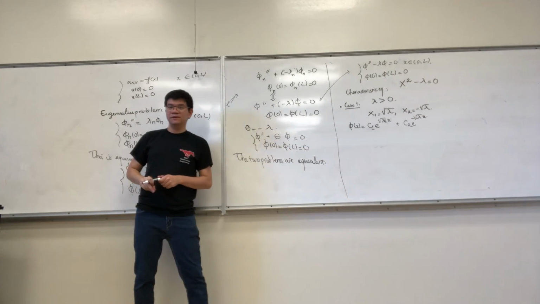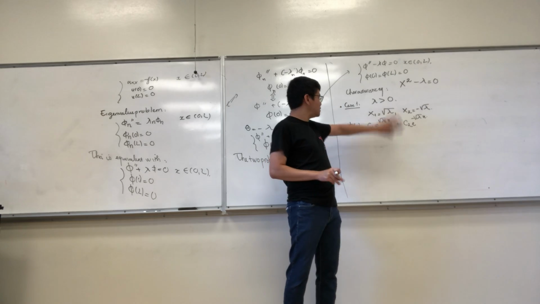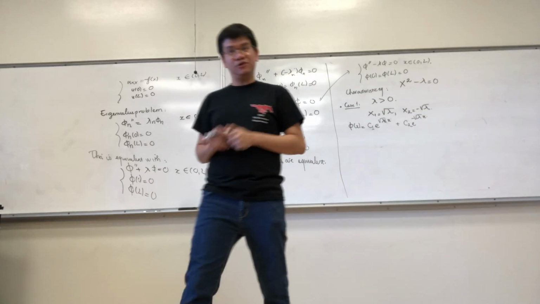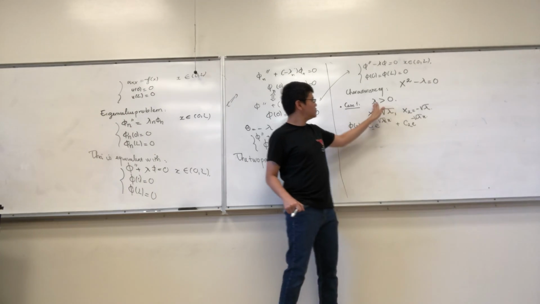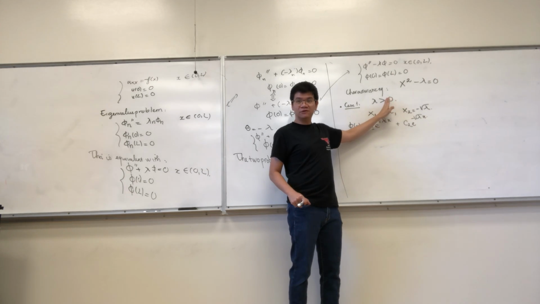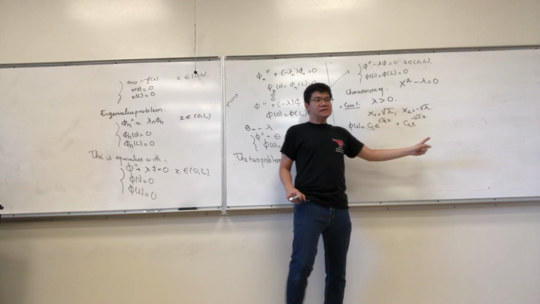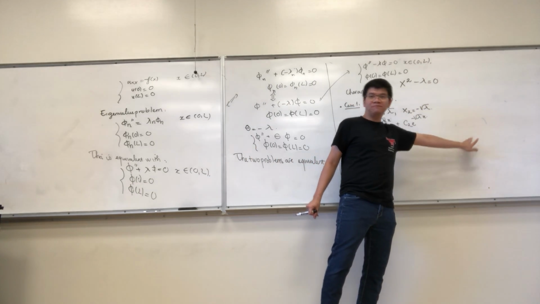All right? So this is the methodology, and this methodology is always the same. The only difference is the boundary condition, right? So you consider three cases. In the first case, you have lambda greater than 0. When lambda is greater than 0, you have two roots, square root of lambda and minus square root of lambda. Then the general solution is of this form.